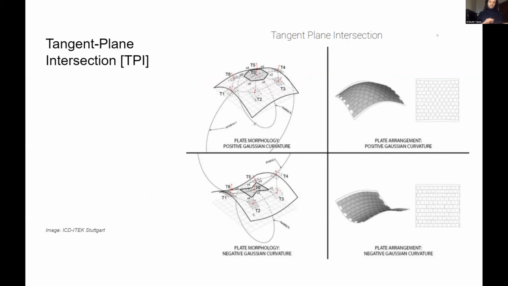Tangent plane intersection, or TPI for short, is a very well-known method for tessellation, and we chose it for some specific properties of it. The first property is that it's easy to implement. If you have a freeform surface, as the one that we have here, the first step is to place some points on the surface.